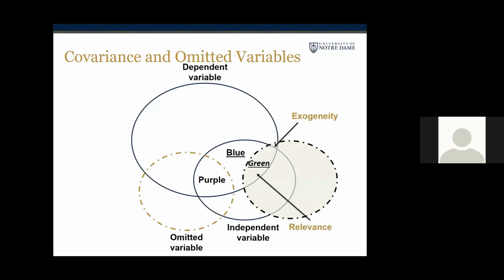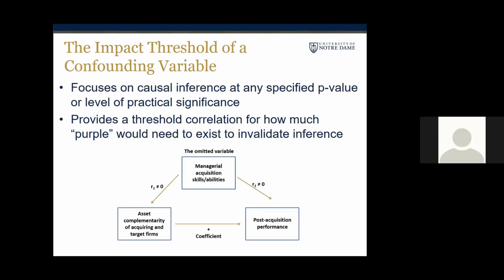So is that purple area so large that it's making your model predict a statistically significant result at whatever p-value you want, or practical level of significance, or however you interpret that? Could be a distribution if you were doing Bayesian models or something, but how big does that purple area have to be? And that's what the ITCV is all about.